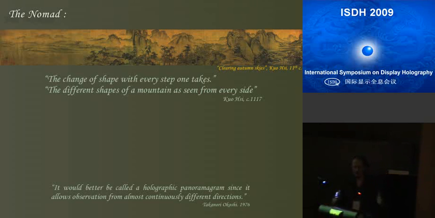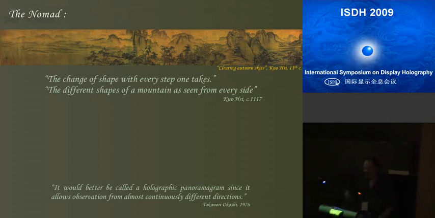He's at one position, he draws the lake, and then he moves away, goes up the hill and draws the forest, and goes up the mountain and draws the other mountain on the other side. If you go in the same landscape and you go up the mountain, you will notice that you can't see the lake anymore. So it's a representation from a movement.